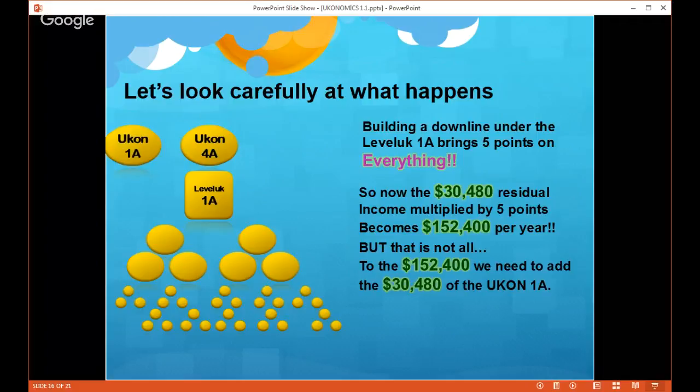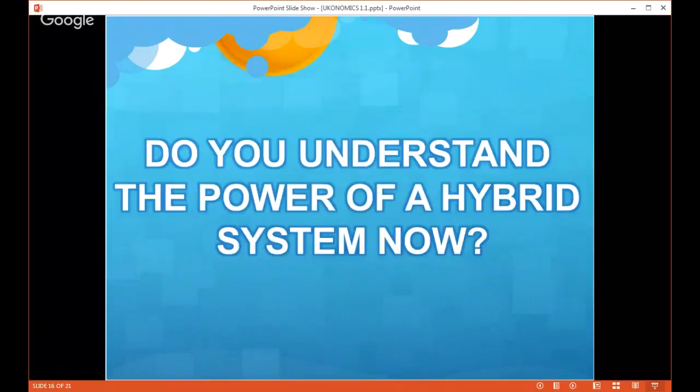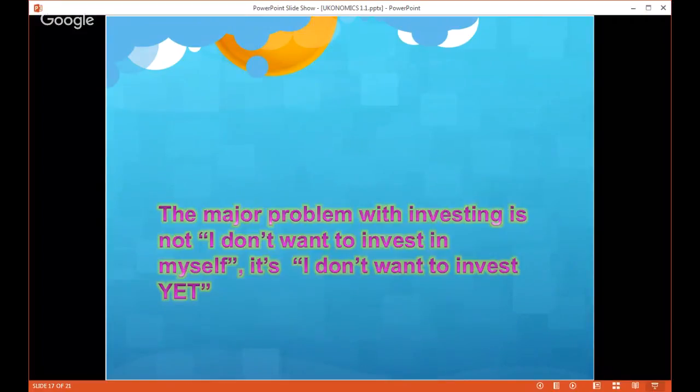So that totals, right, to $182,880 per year. Now that's the compensation plan.